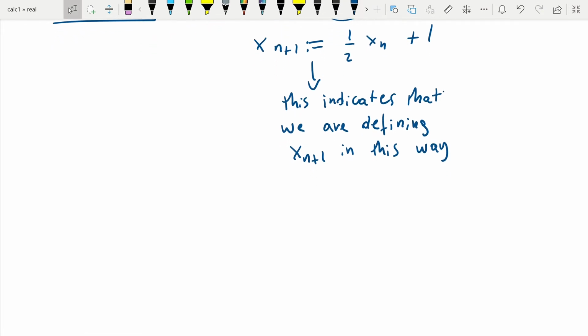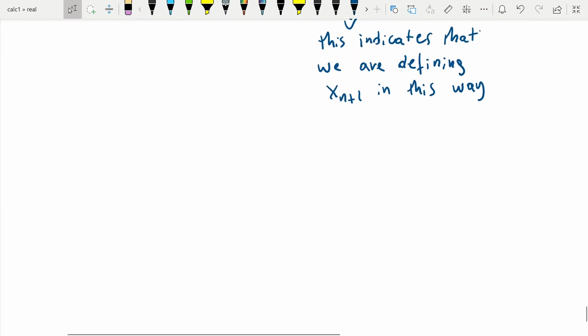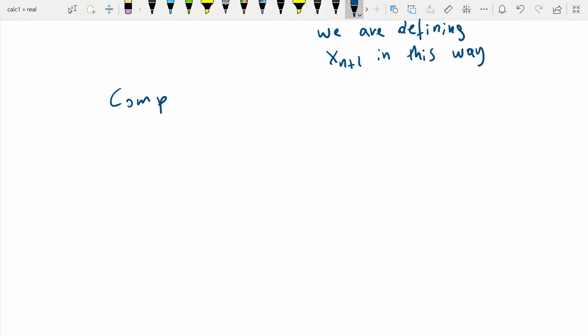And so they compute what x1 is for a few examples. So let's compute it just like in the book.